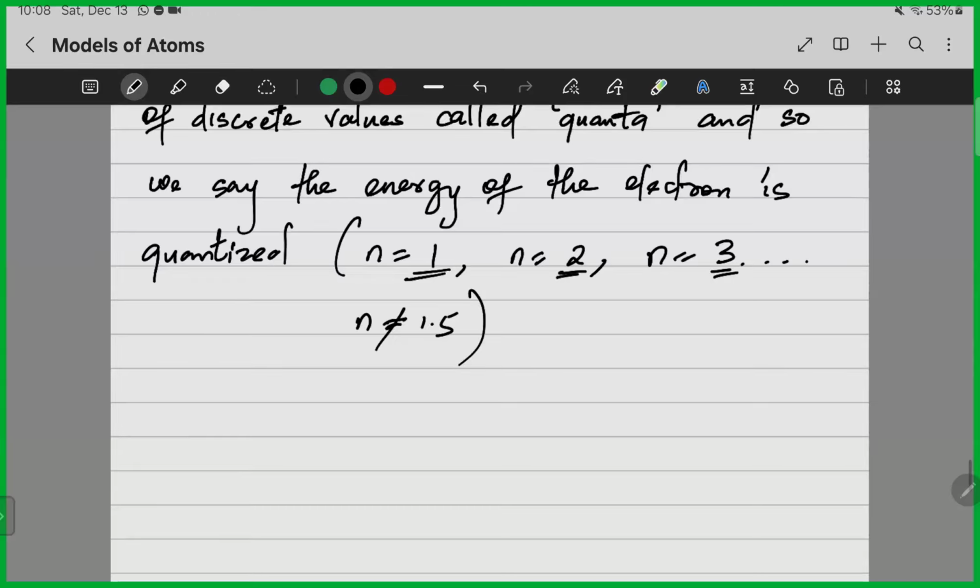Then it was also under this second point that we have a postulate.